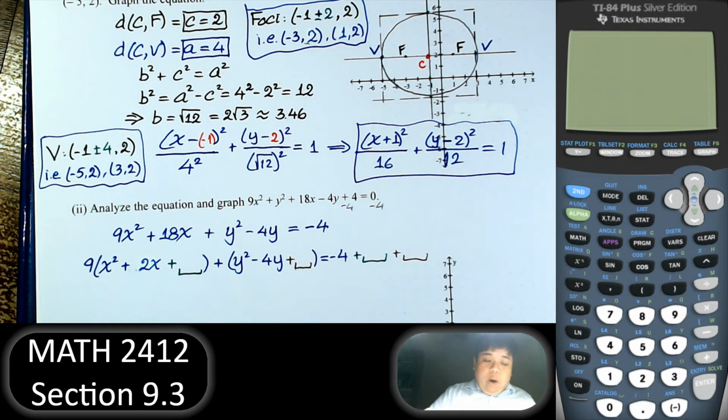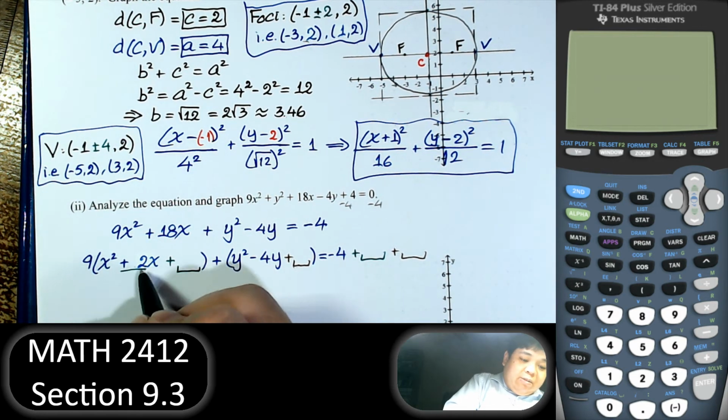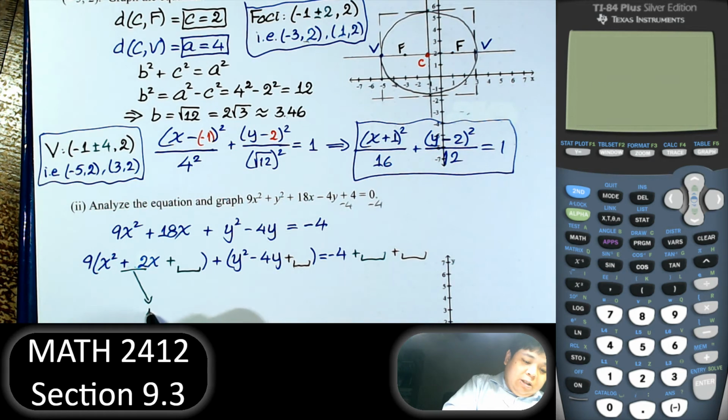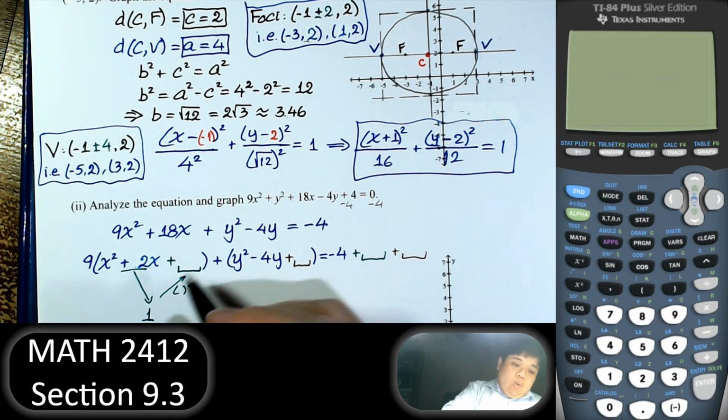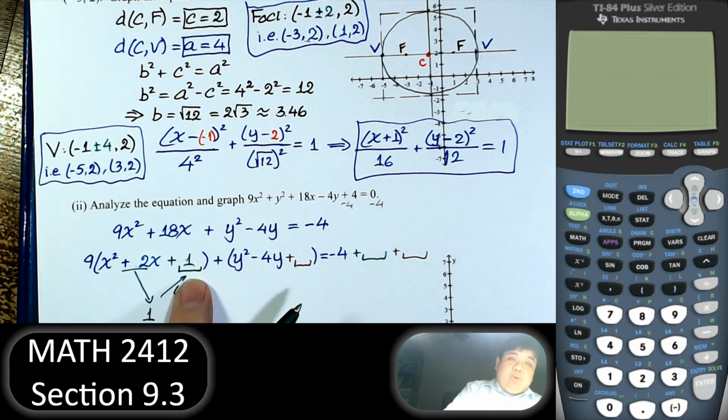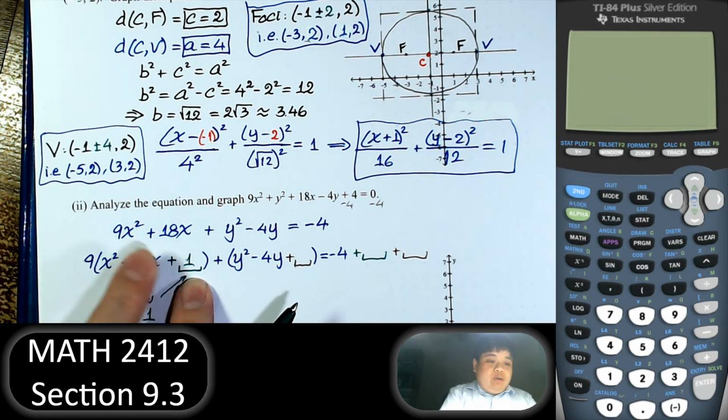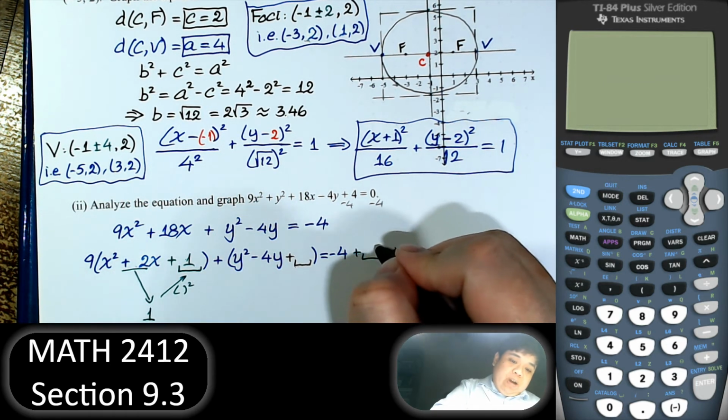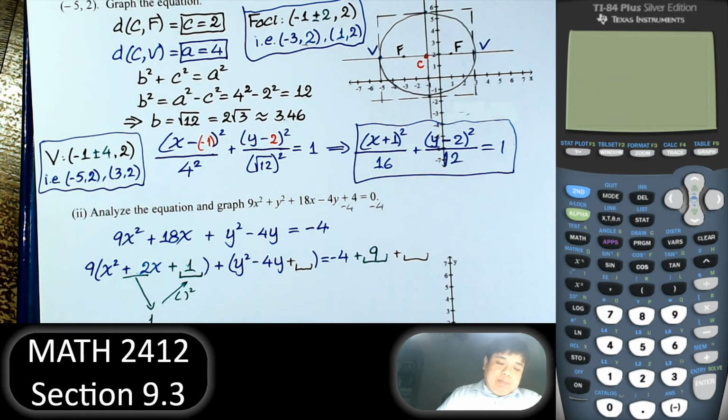What we need to add is half of that number, and then square. Half of that number squared, 1 square is 1. Since we add 1 on this side, but we have to multiply by 9 as well, 1 times 9 is 9. So I'm going to add 9 on the other side.